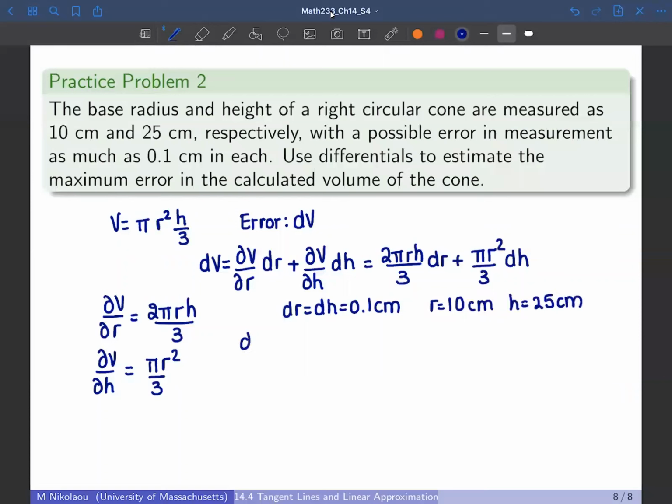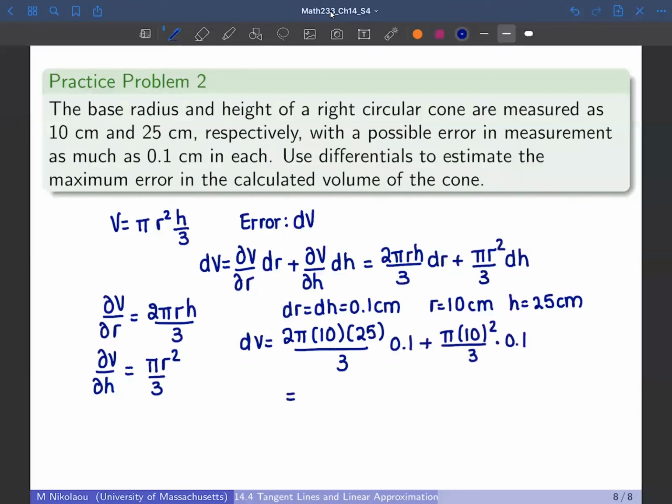So dV would be equal to 2 times pi times the radius, which is 10 centimeters, times the height, which is 25 centimeters, divided by 3, times the error in measurement, so dr is 0.1, and then plus pi times r squared, which is 10 squared, divided by 3, times the error in the measurement of the height, so dh, which is 0.1.